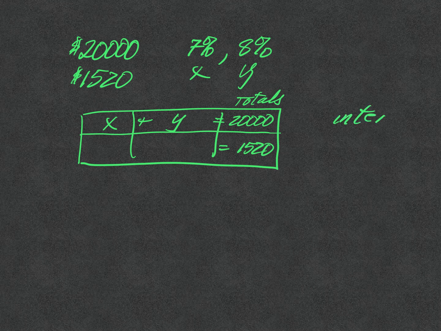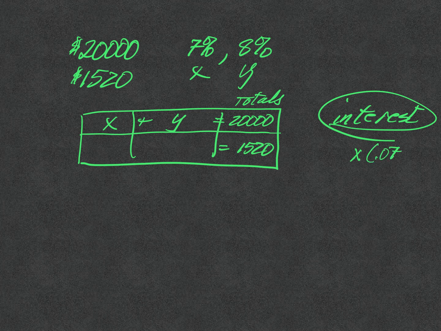So this means you need to be able to write these formulas in terms of interest. Well, what's interest going to be? Interest is principal times the rate for a year. So X times 7% is the interest you earned on the amount of money that you put in that account.